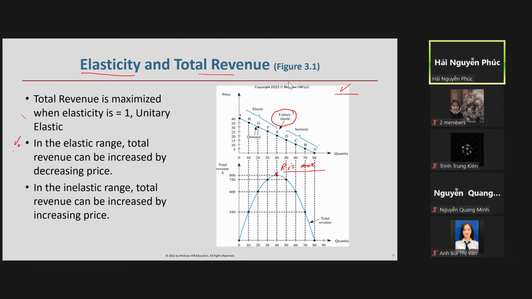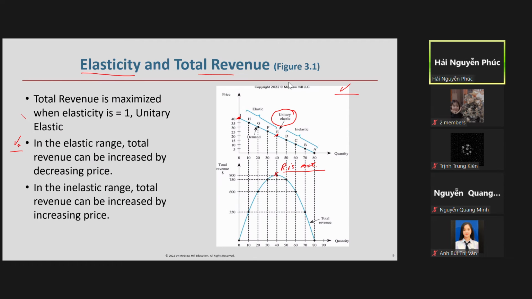And we have made the conclusion that in the elastic range of demand, for example, from this one to this one, the revenue would be increased if we decrease the price, right?